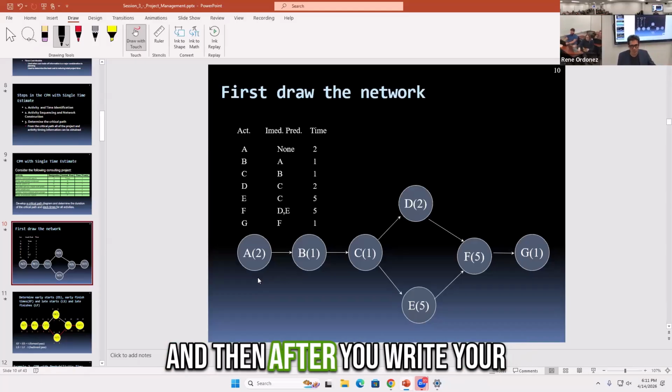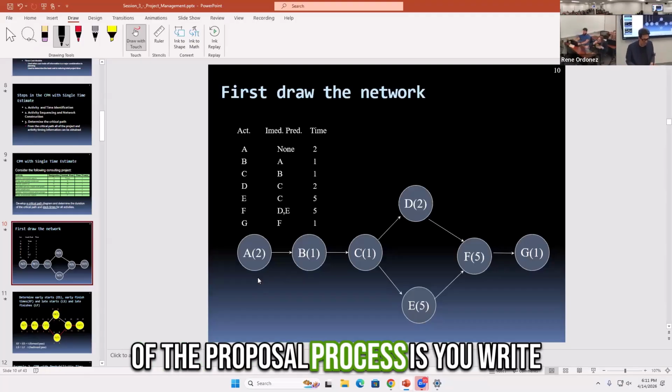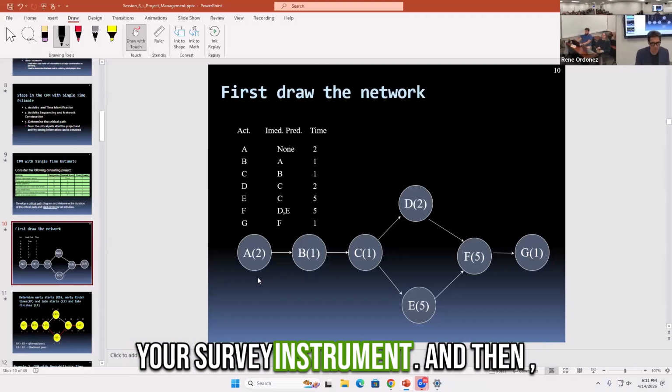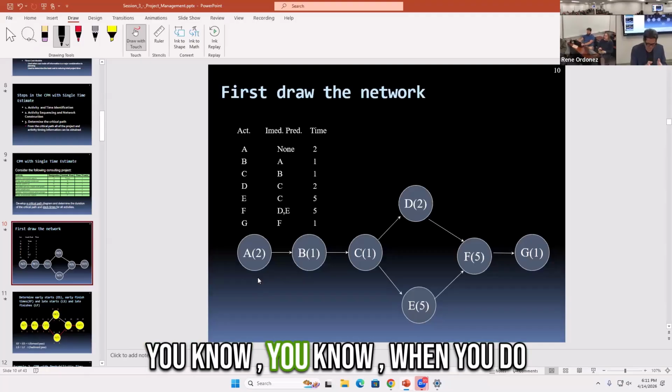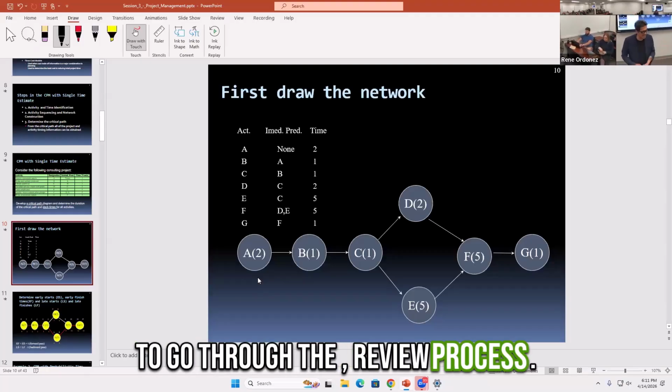example. And then after you write your proposal, part of the proposal process is you write your survey instrument. And then, when you do your survey instrument, you have to go through the review process.